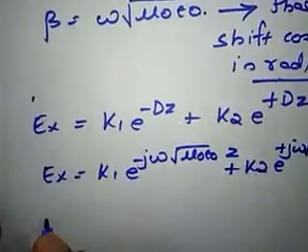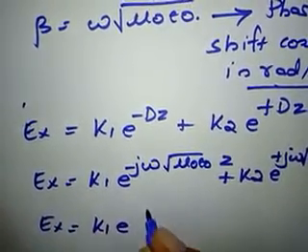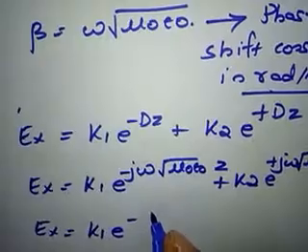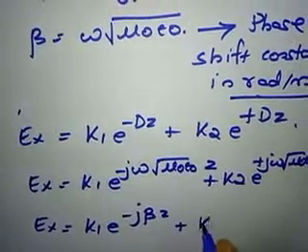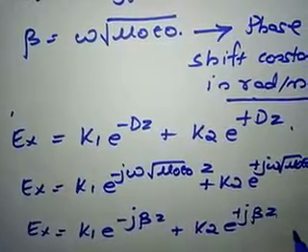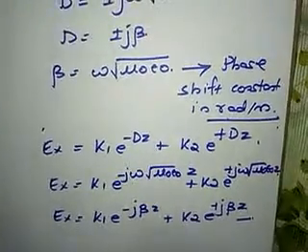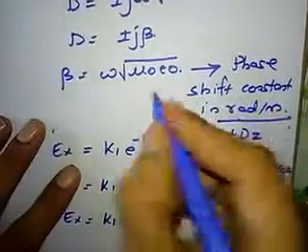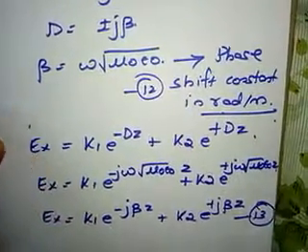So Ex will be equal to k1 into e raised to minus j beta z plus k2 into e raised to plus j beta z. Take the previous equation for beta as 12 and this one as 13.